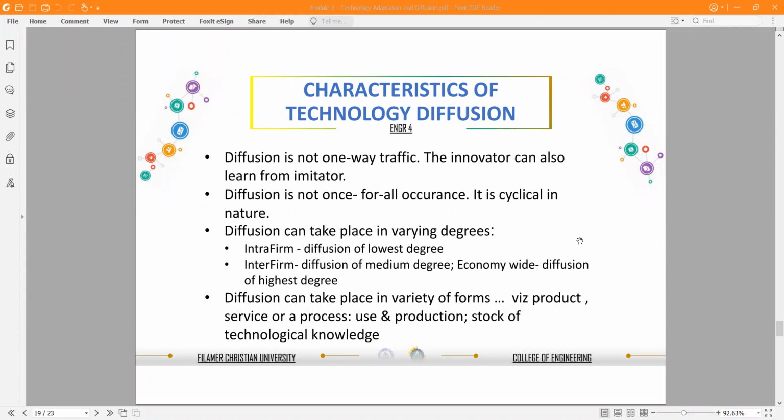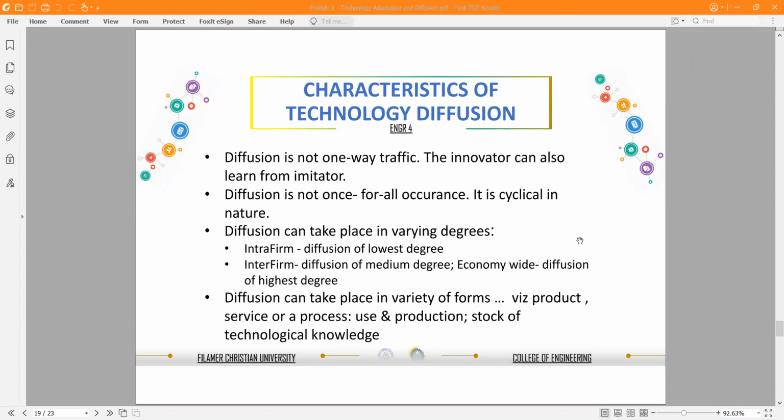Yan. So diffusion is not once for all occurrence. It's cyclical in nature. So meaning, pwedeng nasa taas ka, by next year, pwede naman sa baba ka. Then baka after 10 years, nasa taas ka ulit. Yan. And diffusion can take place in varying degrees. So we have intra-firm and inter-firm.